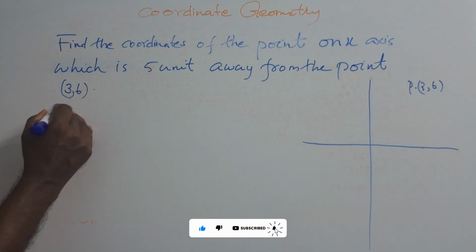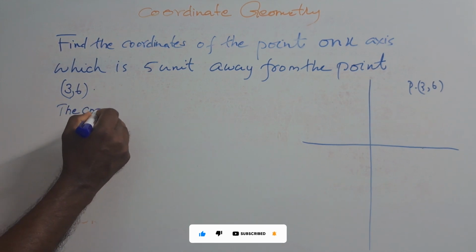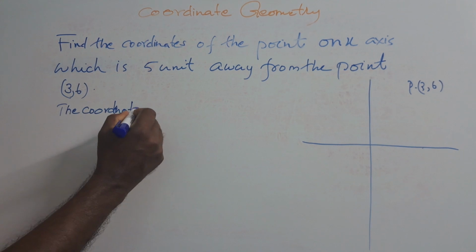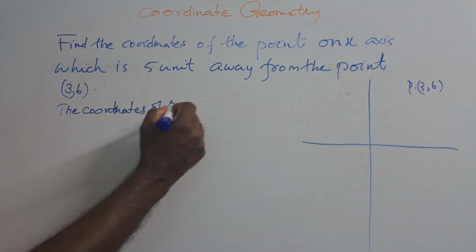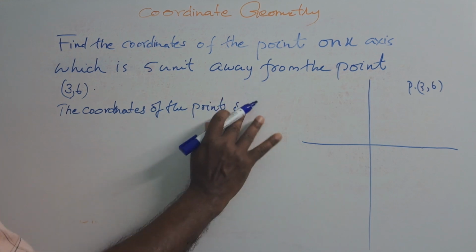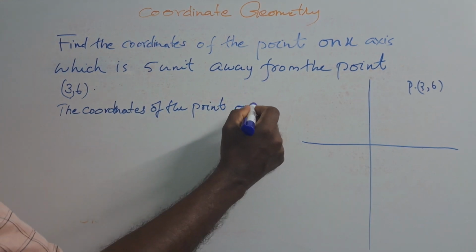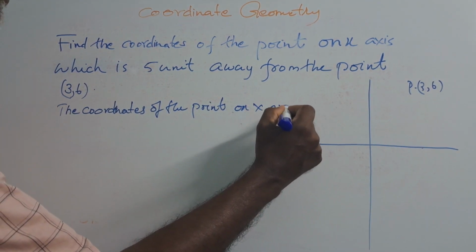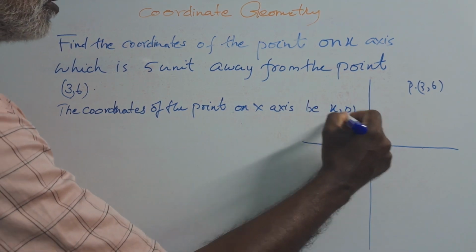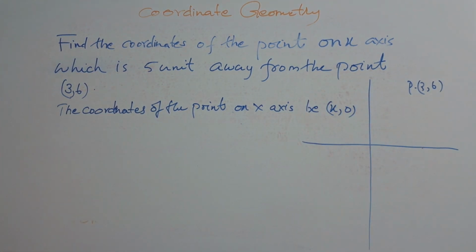Therefore, the coordinates of the point on x-axis be (x, 0). The y-coordinate is 0.